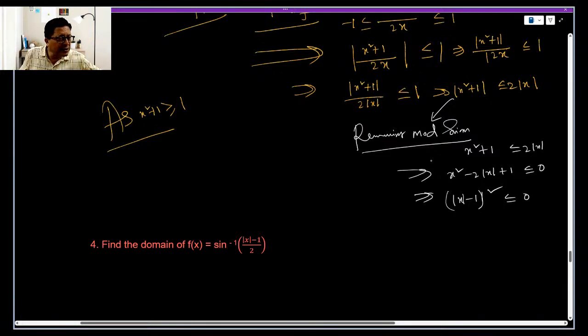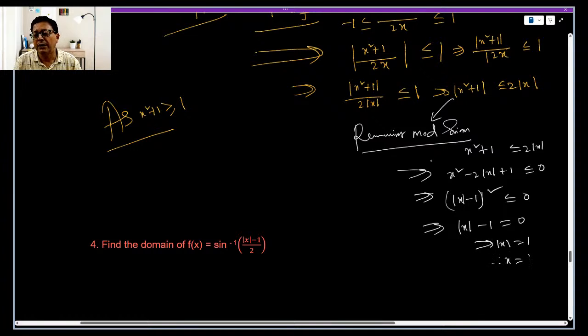We got negative here. So negative not possible. Only one possibility is there. This implies mod x minus 1 equal to 0. So mod x equals 1, x equal to plus minus 1. So the solution set is minus 1 comma 1.